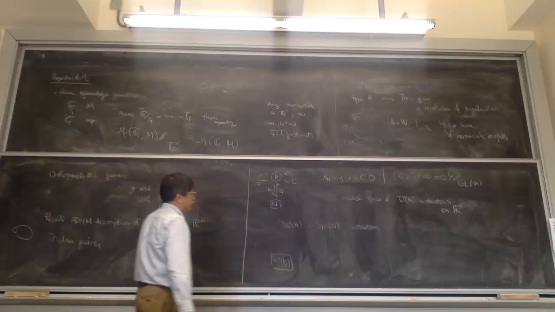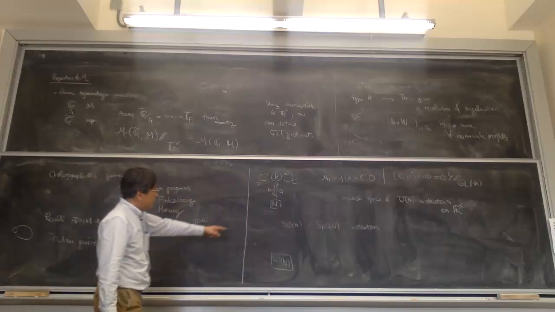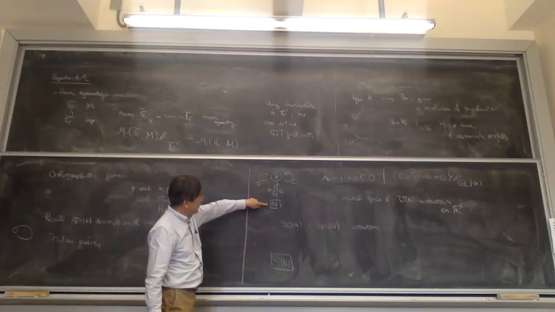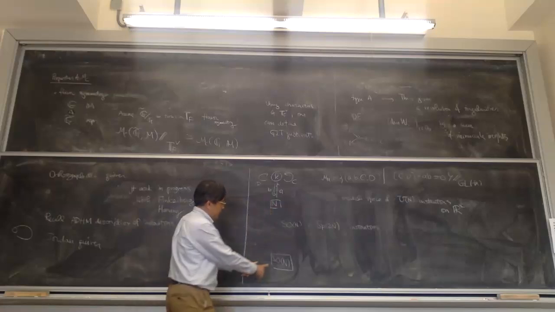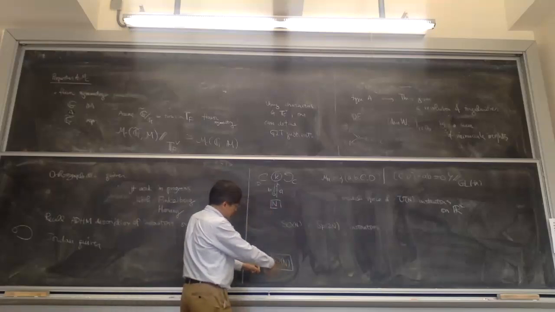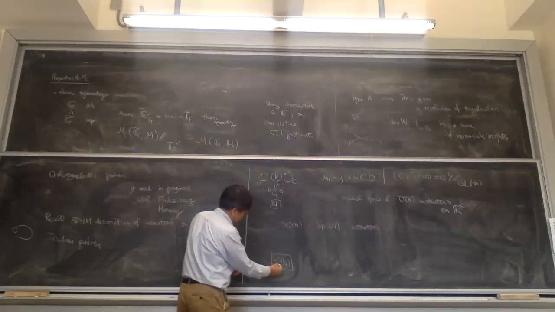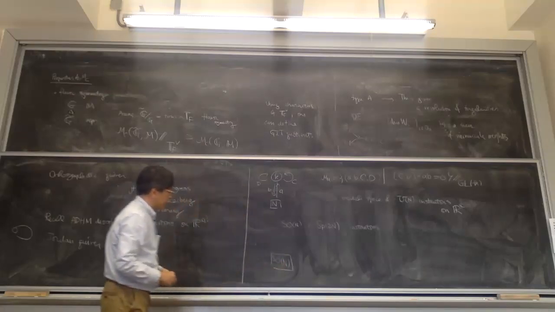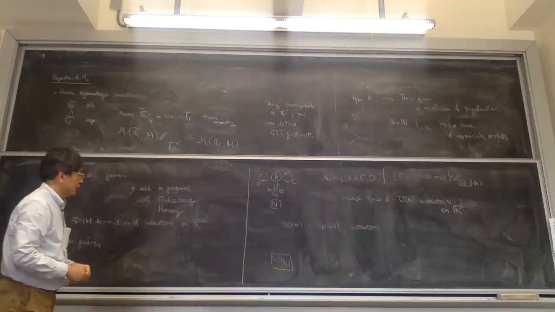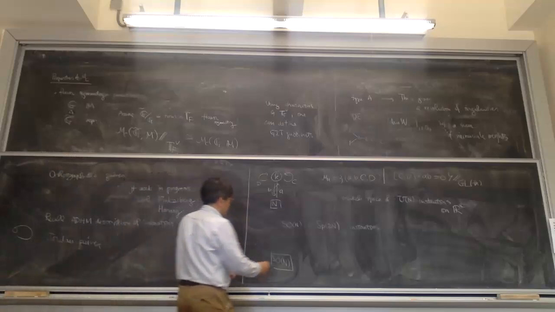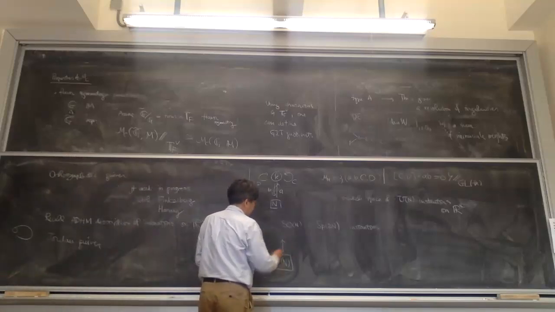For SO(N) instantons, the framing vector space is replaced by C^N with a symmetric inner product.